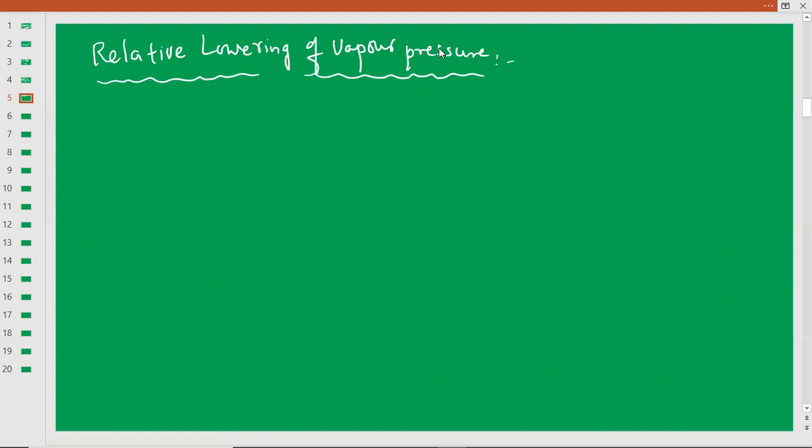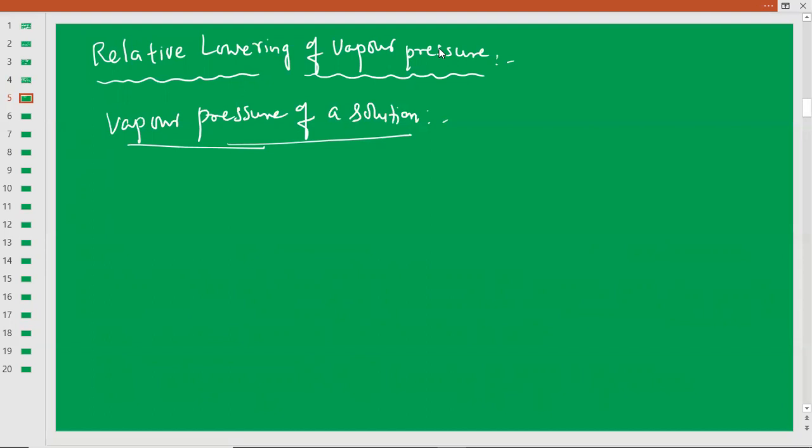Before knowing this information, we will start with the vapor pressure of a solution. Here the vapor pressure of a solution of non-volatile solutes is generally found to be lesser than the vapor pressure of pure solvents.